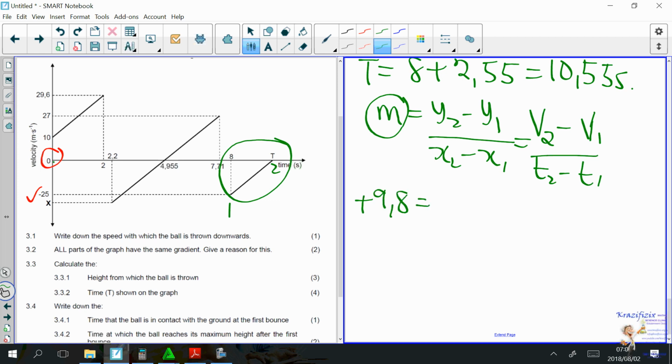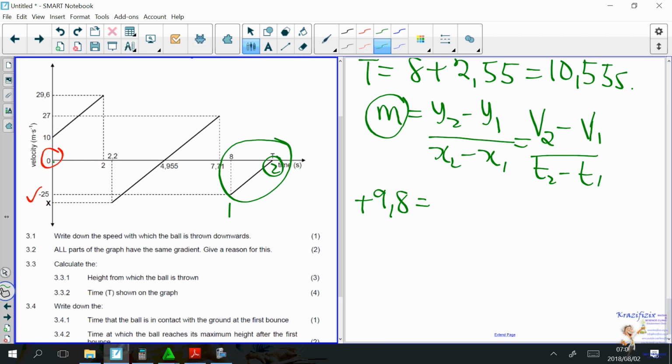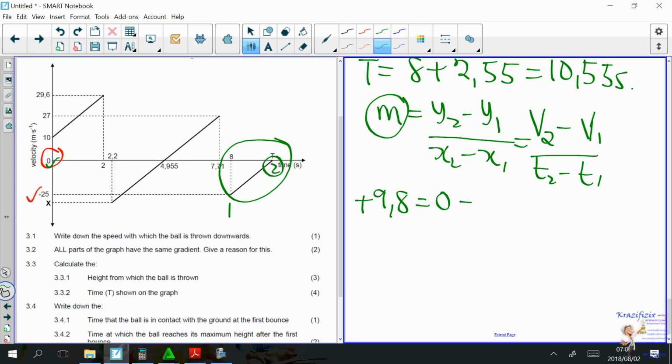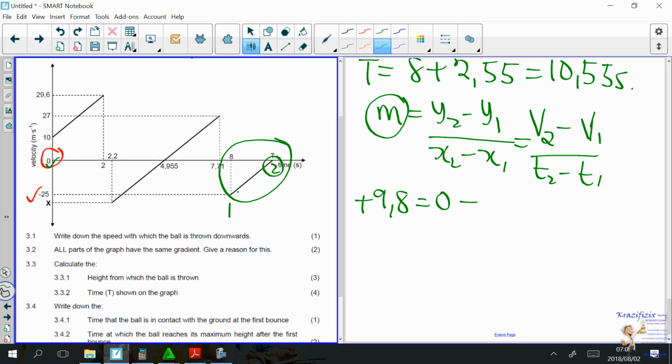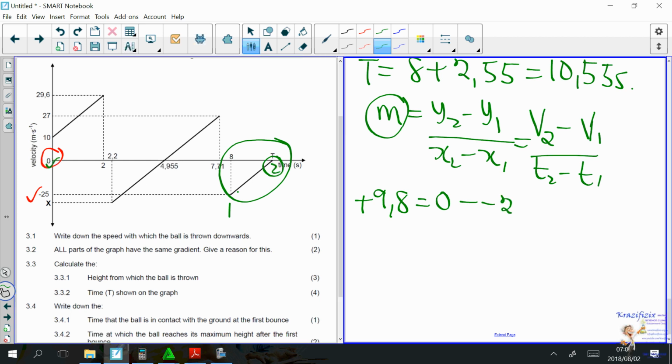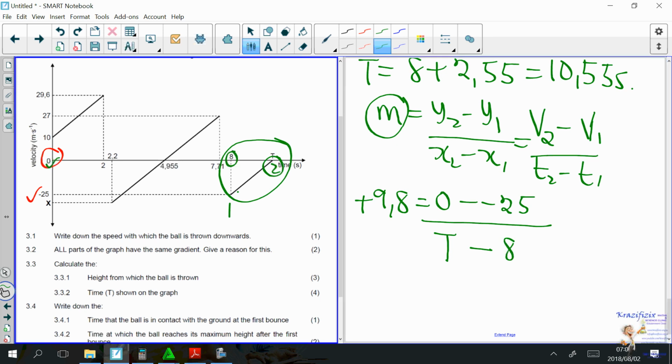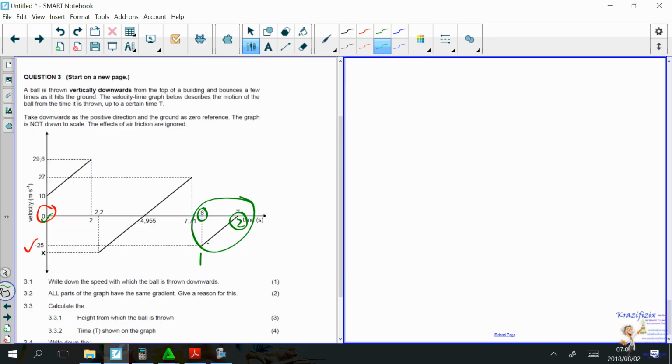What is my v2? This is my point 2, and velocity is 0 minus my v1, negative 25, over my t2, that's where t is, minus my t1. My t1 is 8.